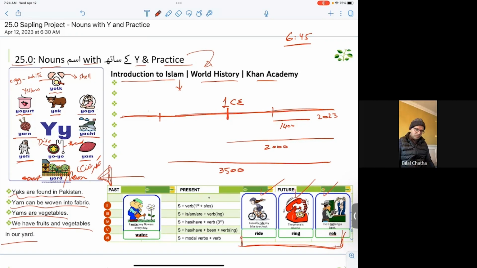So, how many years were between Christianity and Judaism? There were 1,500 years between Christianity and Judaism. Or Judaism came 1,500 years before Christianity. Okay.